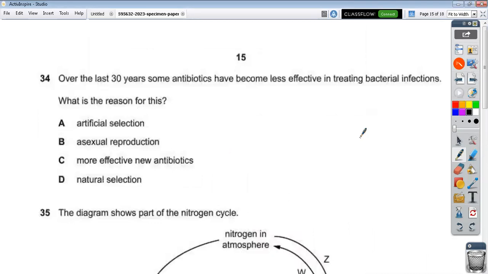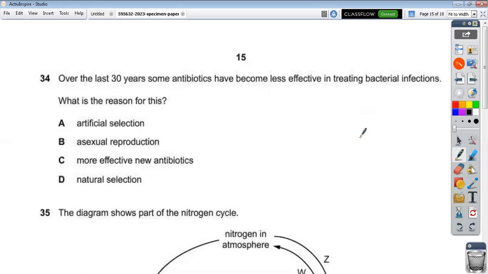Now, over the last 30 years, some antibiotics have become less effective in treating bacterial infections. What is the reason for this? Natural selection. Is that what you are suggesting?